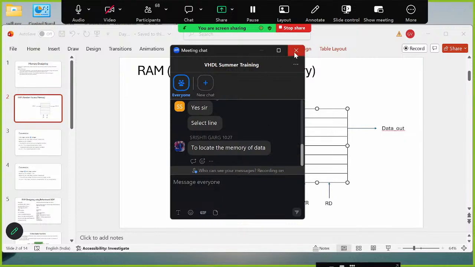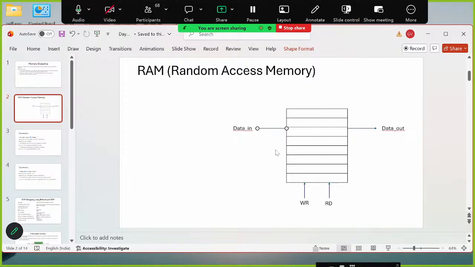Very good, Srishti. So we need one more signal that is called address line. Sometimes it's called address lines.